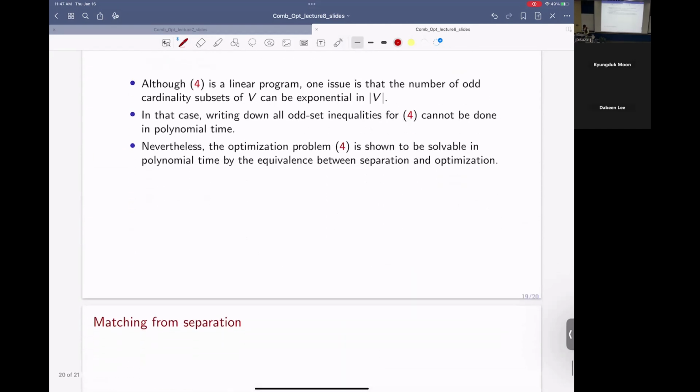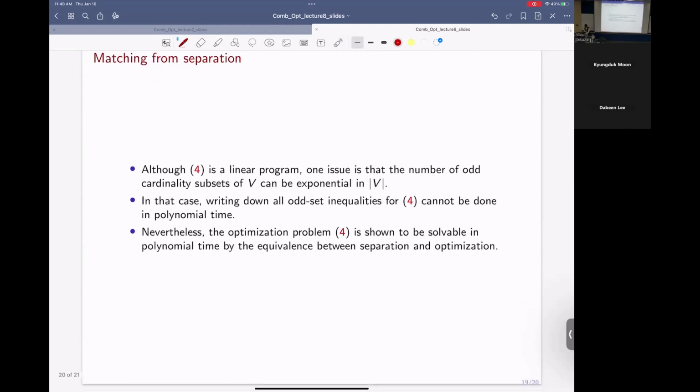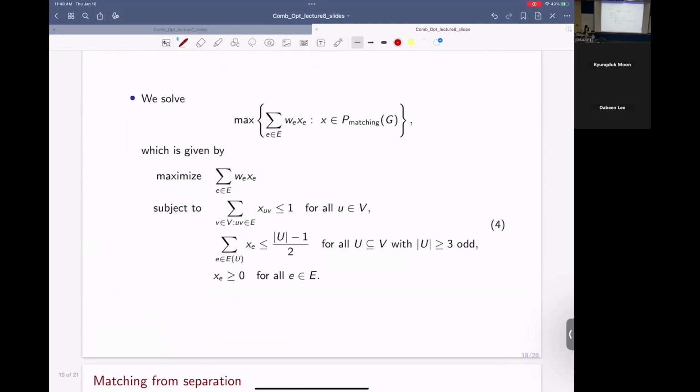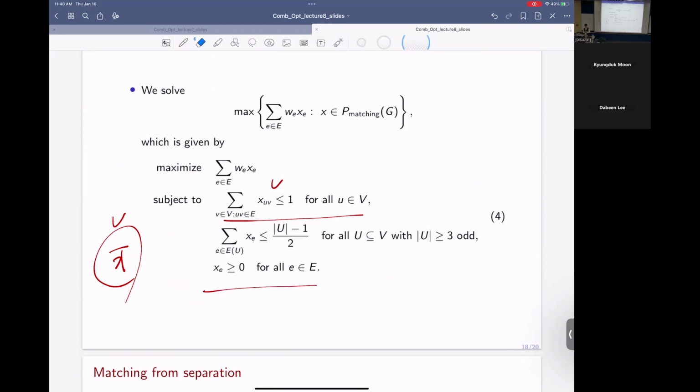So let's say we have this x bar. Proving or finding inequalities that are violated by this point x bar from the degree constraints and the non-negativity constraints is easy, because there are |V| degree constraints and |E| non-negativity constraints.